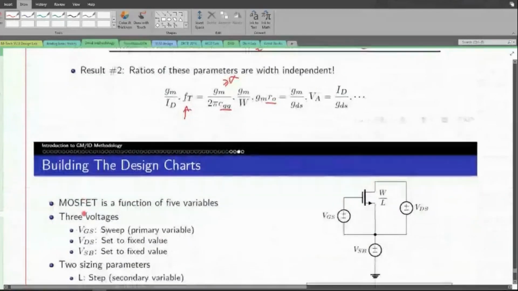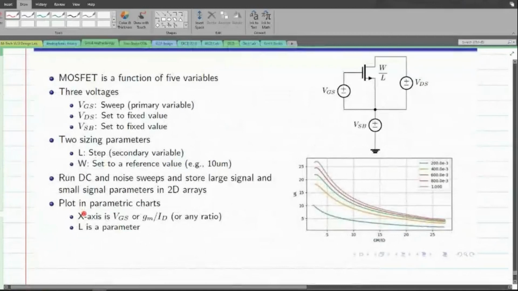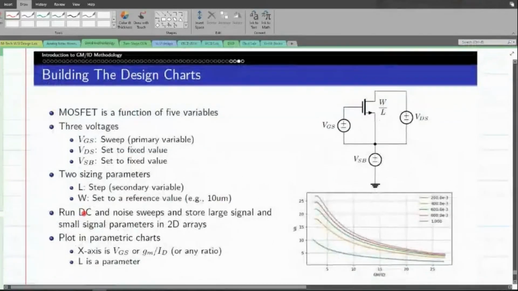Obviously we have to generate these graphs. How do we generate these graphs? Normally, when we generate the charts, we only sweep one variable, which is VGS, while the other variables like VDS and VSB are fixed to a single value.